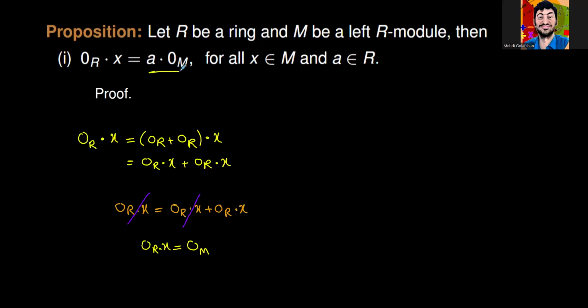Now we will discuss this one. We can say a times 0_M, with a similar argument, a times (0_M plus 0_M), which by the distribution law is a times 0_M plus a times 0_M. Sometimes I say 0, sometimes 0_M, it doesn't matter.